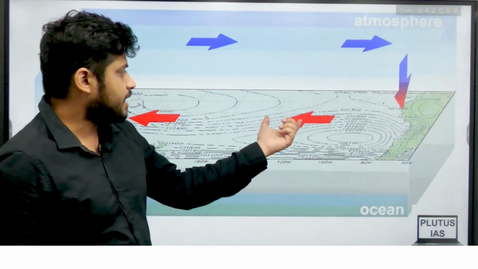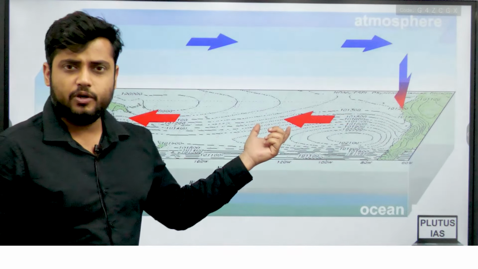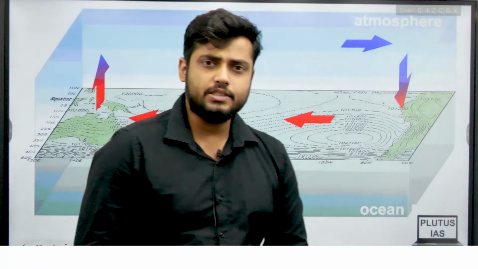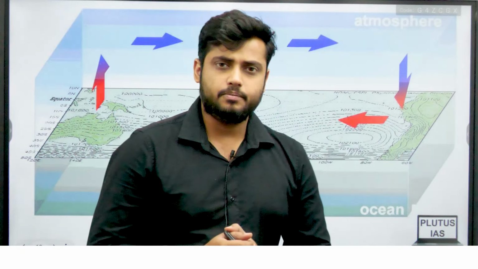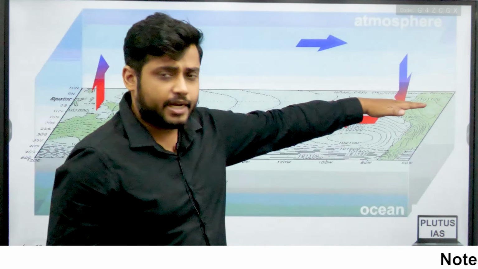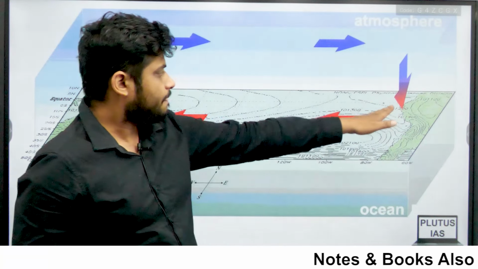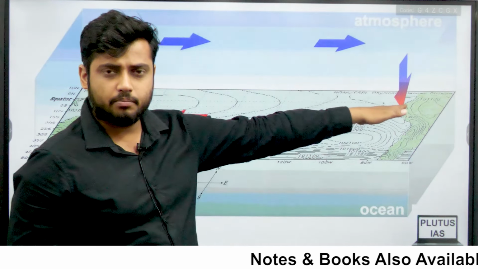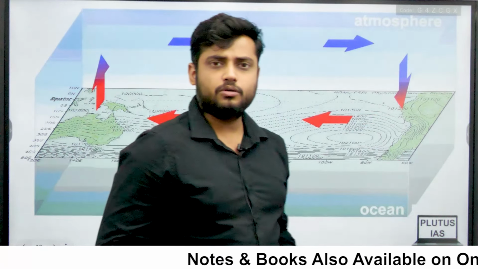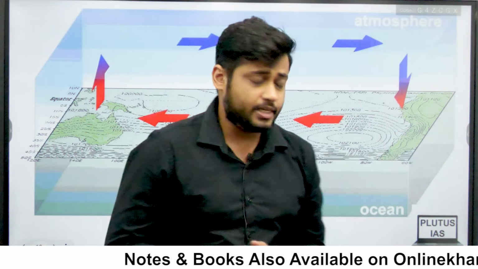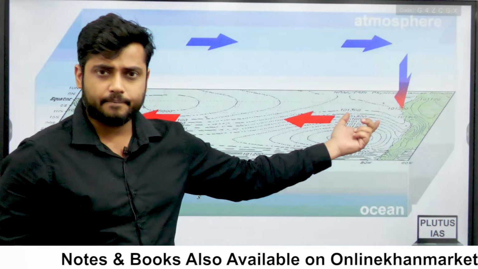If the sea surface temperature is rising here, we know that over the warmer surface, low pressure develops. So previously, under the normal circumstances, we have the high pressure situation here near the South American coast. But in the case of El Nino, the sea surface temperature has increased in the eastern part of the basin.